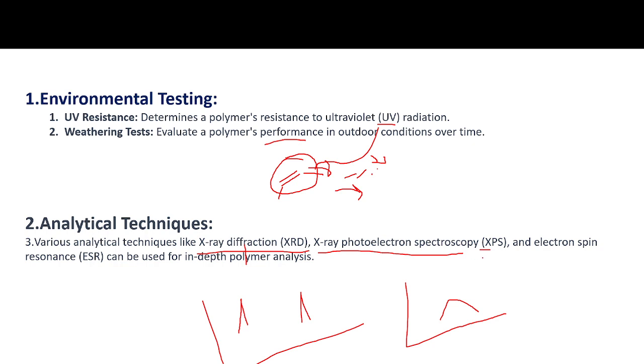From here we can get how much carbon percentage and how much nitrogen percentage is present in our polymer system. Like this, you know about ISRO, which sent Chandrayaan 3 in the lunar mission to the moon.